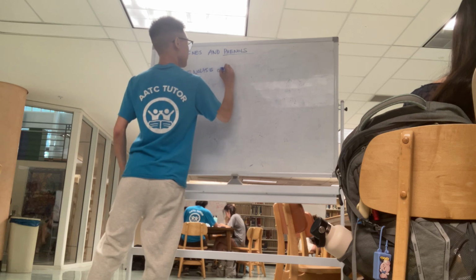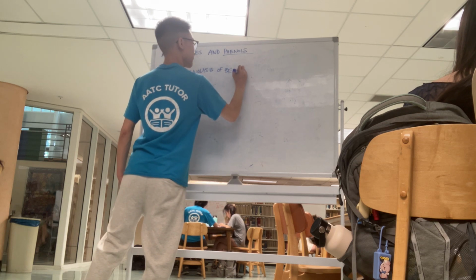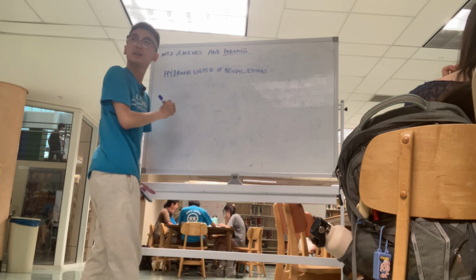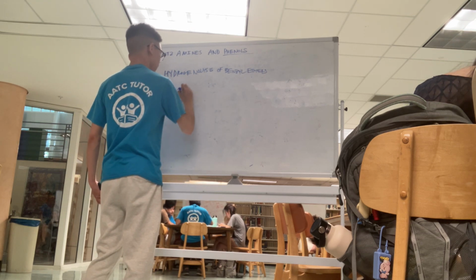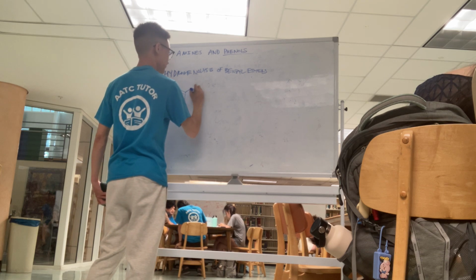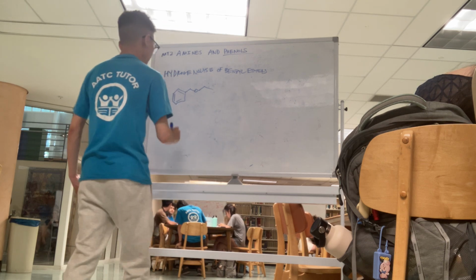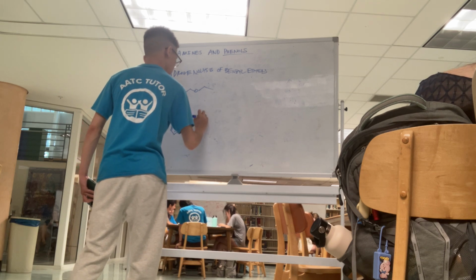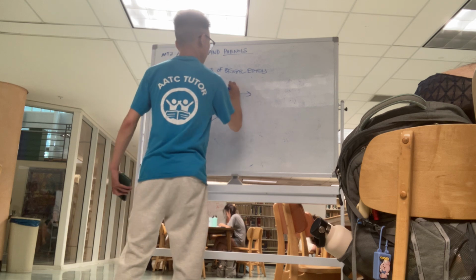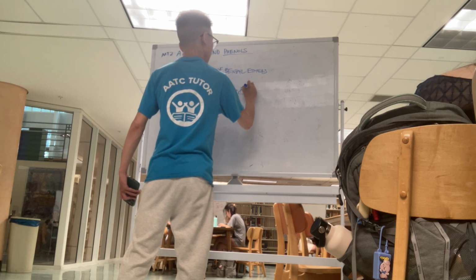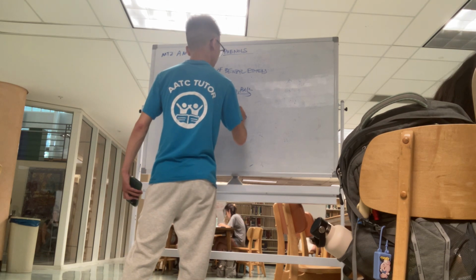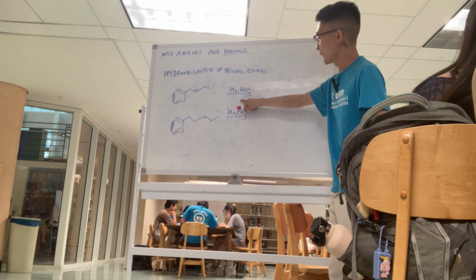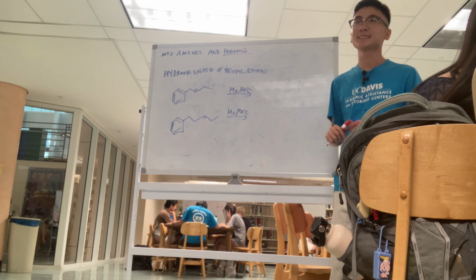Hydrogenolysis of benzyl ethers. So let's say we have something like this, right? Versus something like this, and then we do H2, Pd/C. This reducing agent here will only reduce benzylic ethers, right?